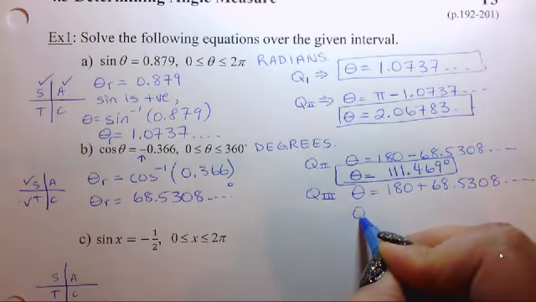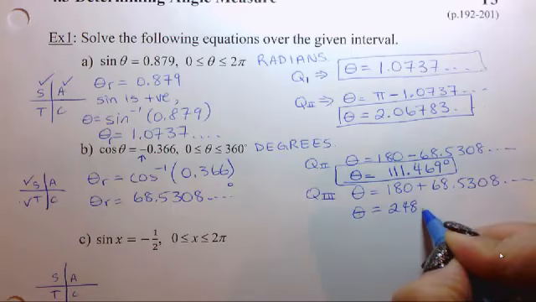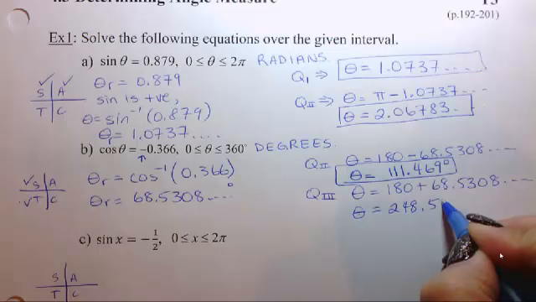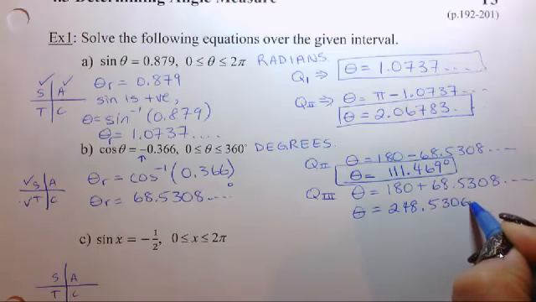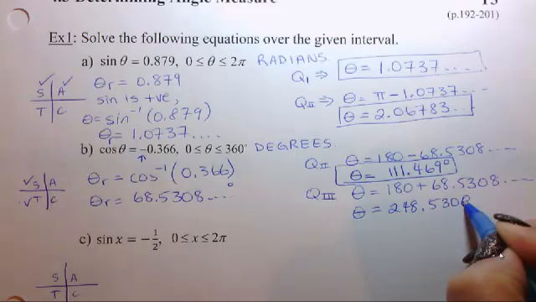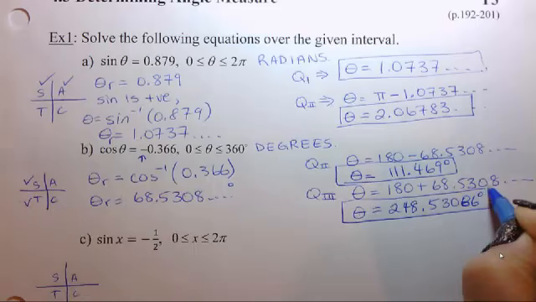And for quadrant 3, we want theta to be 248.5308 degrees.